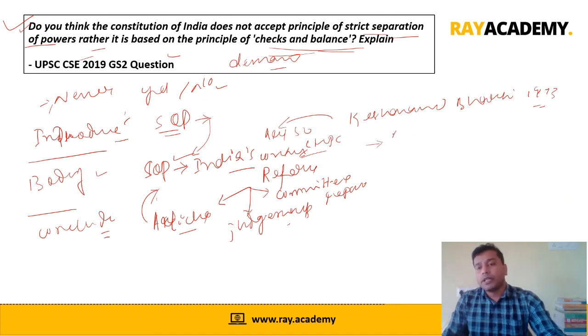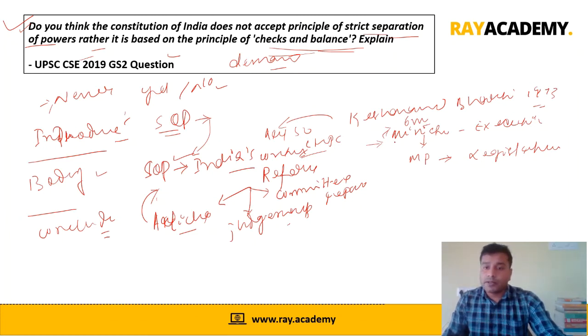All of you know that a minister is a part of executive. A minister is also a member of parliament, which is a part of legislature. Yes, there are certain provisions that without being a member of parliament, you can become a minister up to 6 months. So I'm not talking about that exceptional point of view. I'm talking about the general concepts.